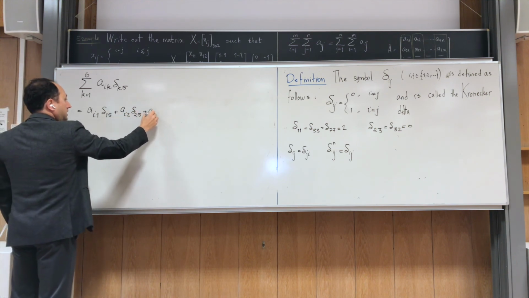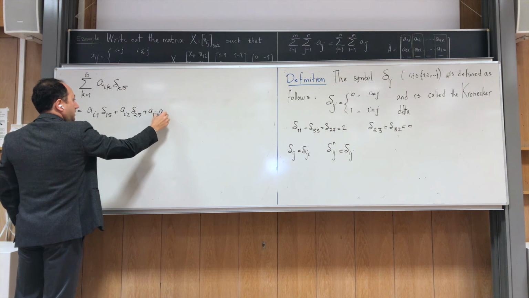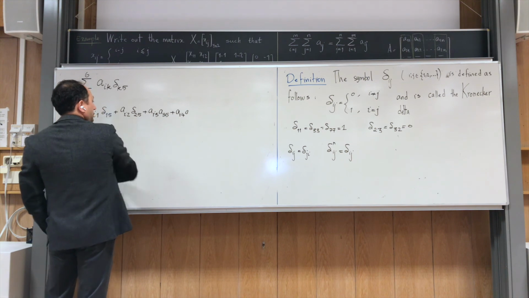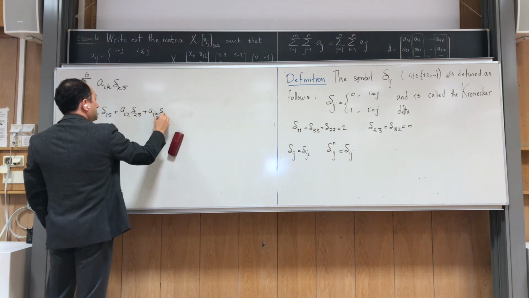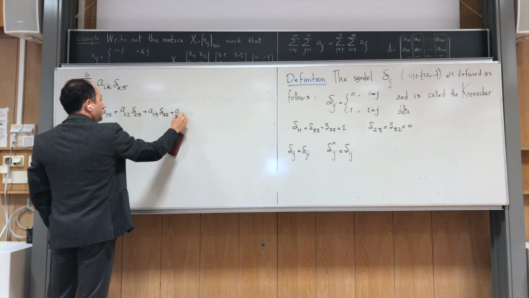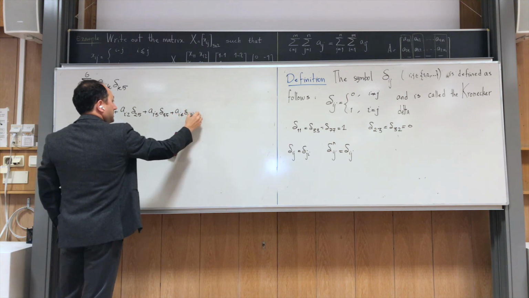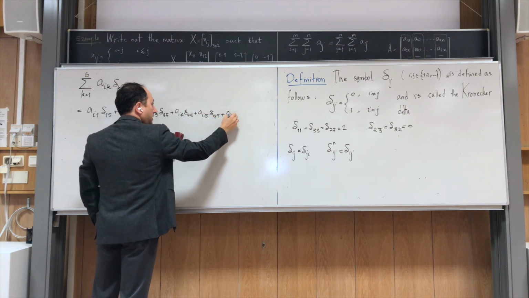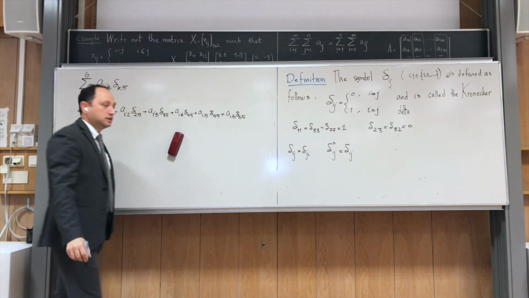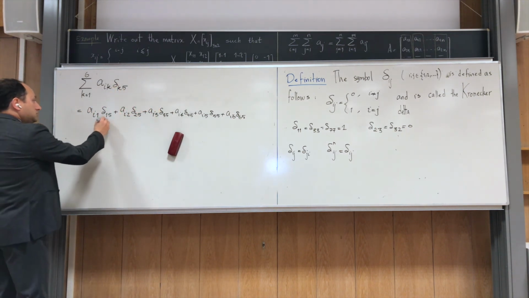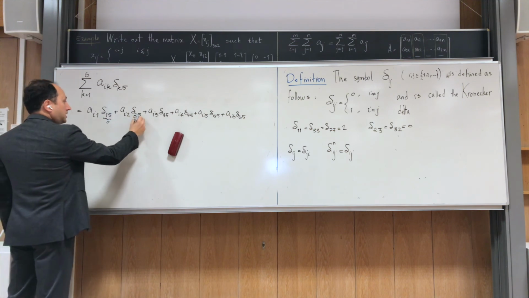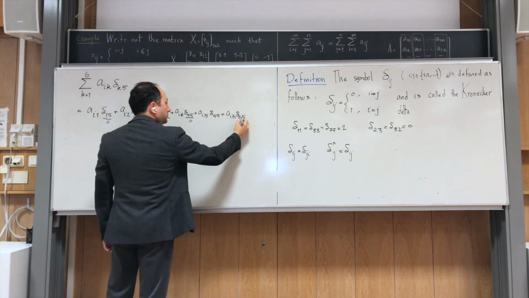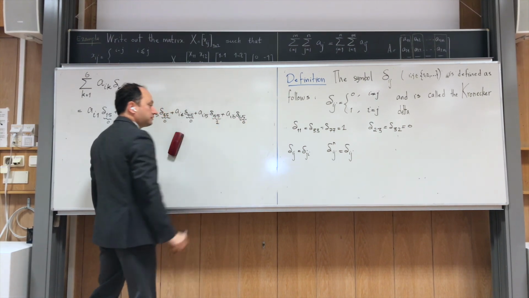The next one is a_i3 delta_3,5, plus a_i4 delta_4,5, plus a_i5 delta_5,5, and then finally a_i6 delta_6,5. But these are all zeros because 1 is not equal to 5, 2 is not equal to 5, 3 is not equal to 5, but only one term will survive because 5 is equal to 5.